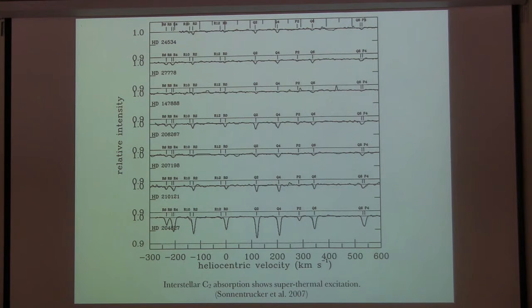And so the para form, anti-aligned nuclear spins, have only even values of the rotational quantum number, and conversely for the ortho states.